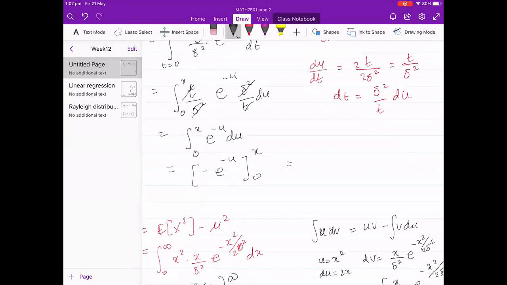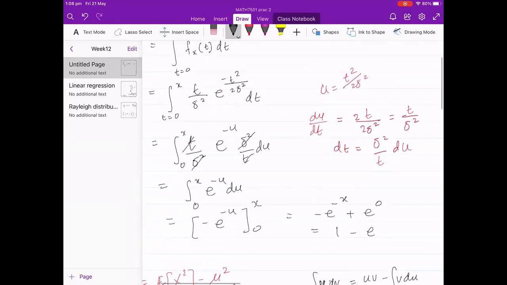So that's equal to 1 minus e to the power minus x plus e to the power 0, which is 1. So rearranging this, we get 1 minus e to the power minus.